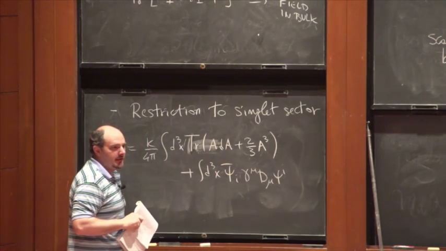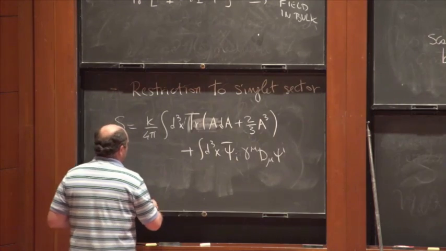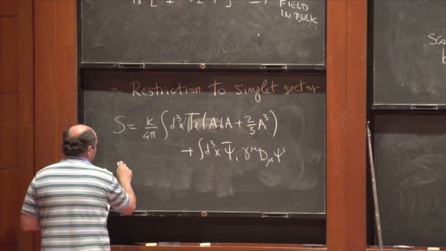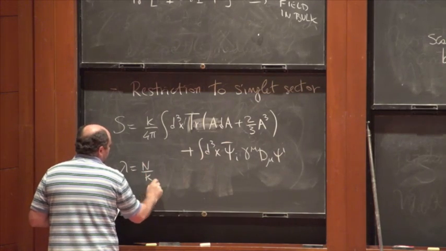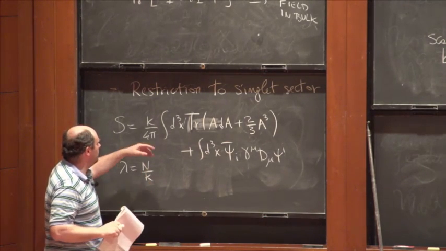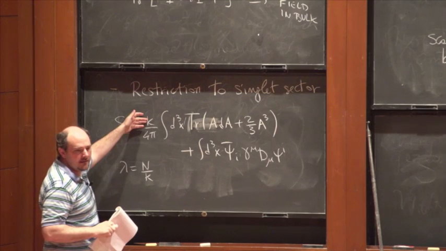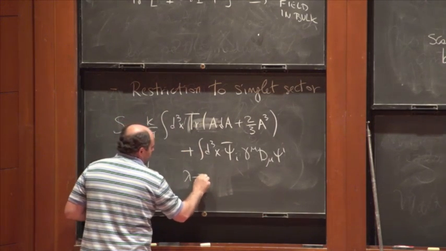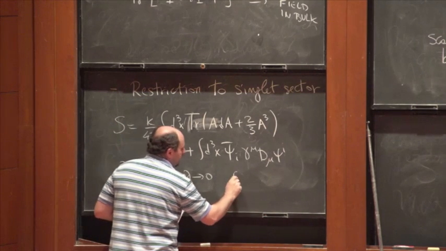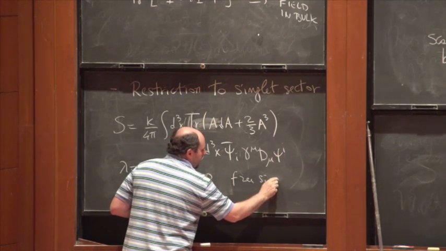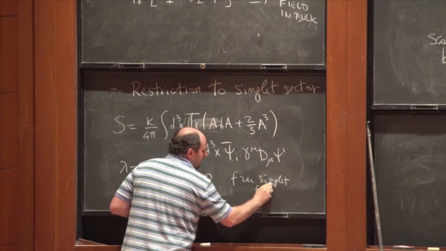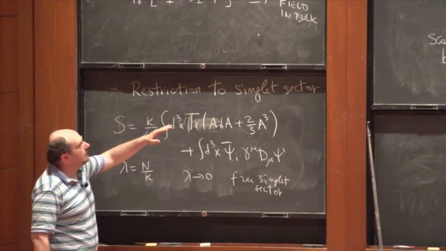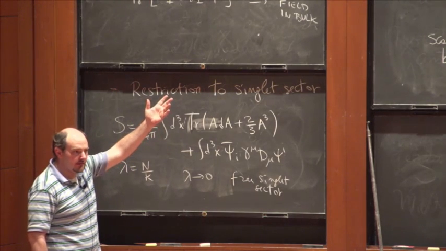You're supposed to only look at gauge invariant operators, and then you can define that theory to be the limit of this theory, where you send the 't Hooft coupling, which for Chern-Simons theory is N over k. This plays the role of a coupling constant, like 1 over g squared. So that theory is the limit as lambda going to 0 of this theory.